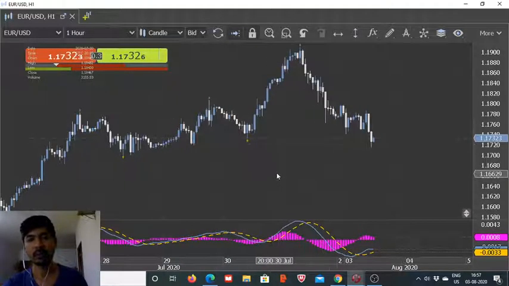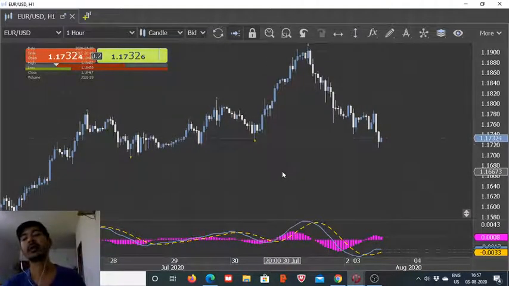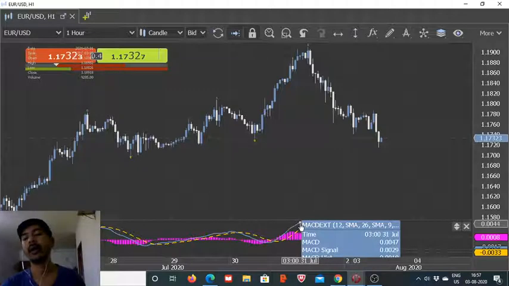Okay, now this is MACD defined on the SMA, as you can see here at the bottom, that MACD is 12 SMA, 26 SMA and 9 SMA. So all these three key parameters, the moving averages used, are of SMA type, the simple moving average type.